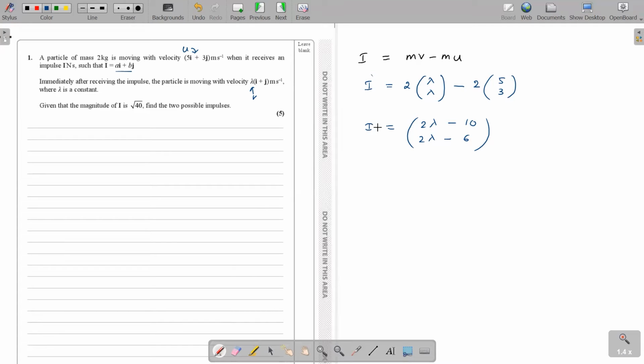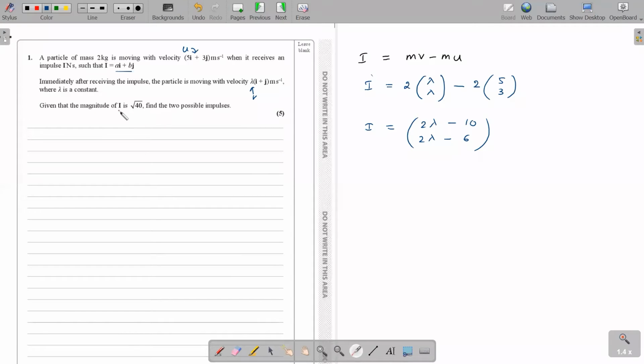Now they tell you here the magnitude of the impulse is root 40. So how do we normally get the magnitude of a vector? You can see your impulse is given in terms of i and j: (2 lambda minus 10) i plus (2 lambda minus 6) j Newton seconds. This is the impulse in vector form. So when you take the sum of the squares and root it, you get the magnitude. The magnitude is given to you as root 40.